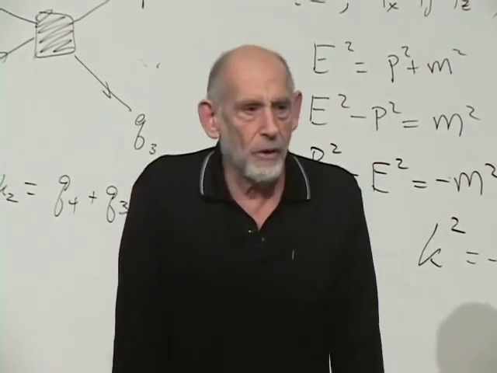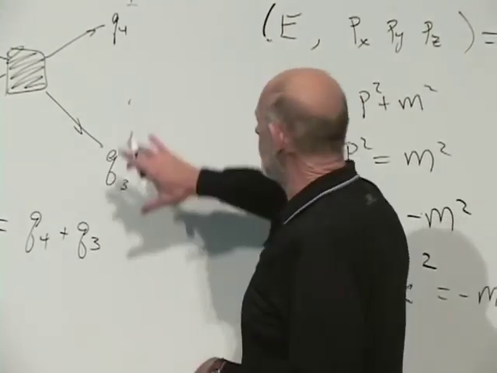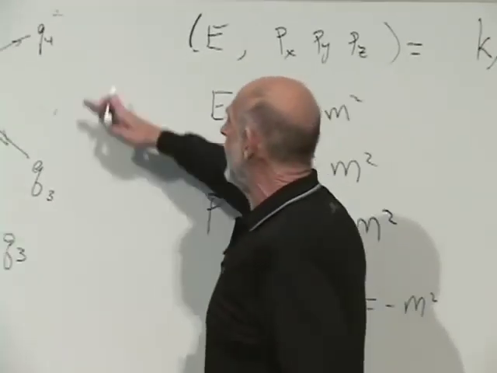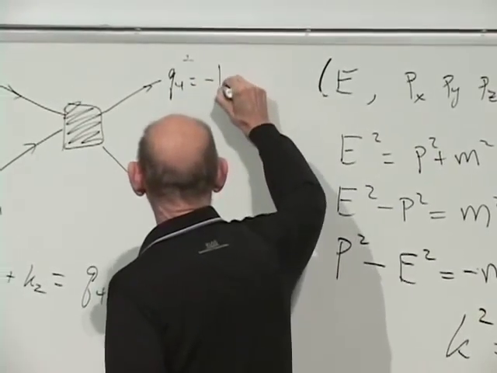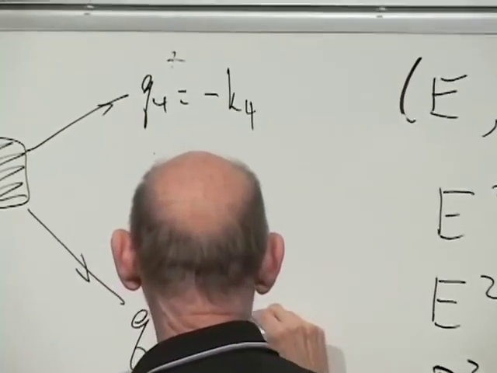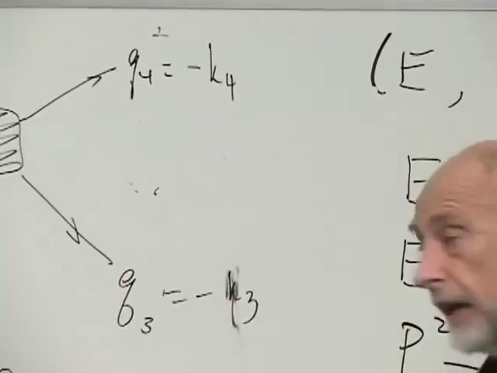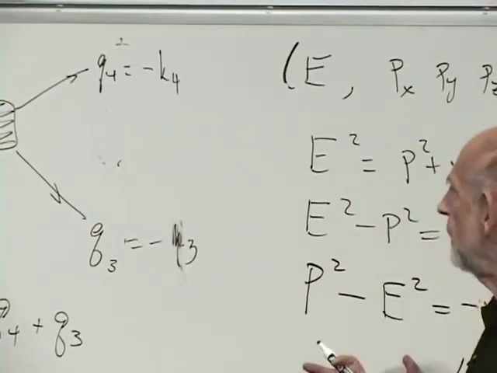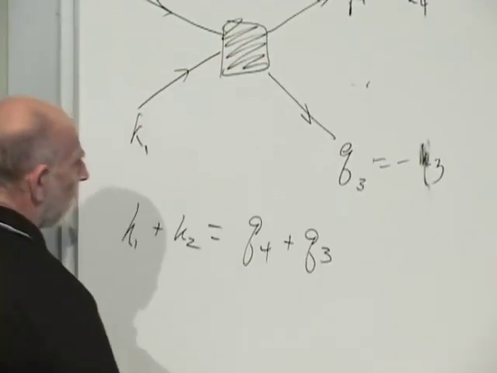The outgoing momentum are outgoing, the incoming momentum are incoming, but all we really have to do, to make it symmetric with respect to incoming and outgoing momentum, is take each q, q4, change its sign and call it minus k3. That means changing the sign of its energy, means changing the sign of all of its momentum. It's a trick to be able to write this in a symmetric form.